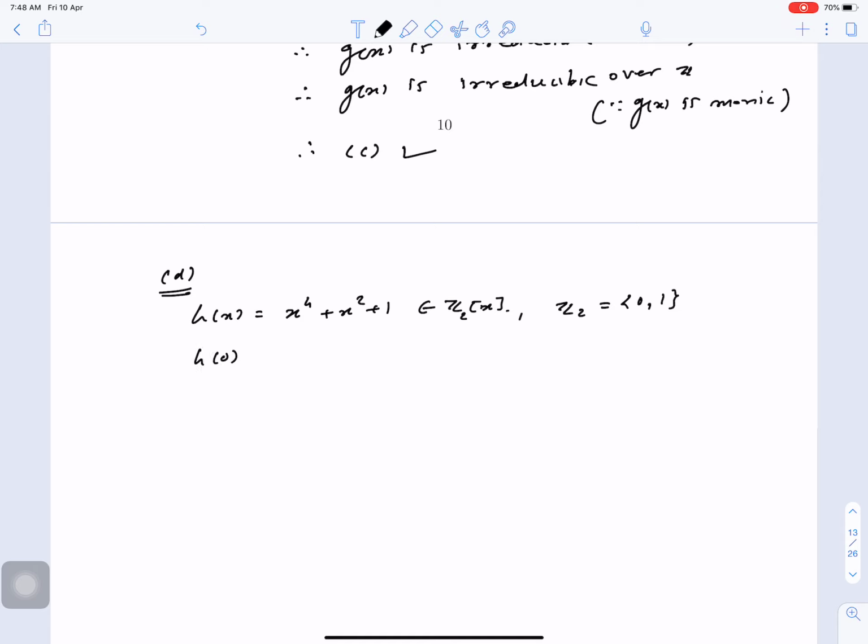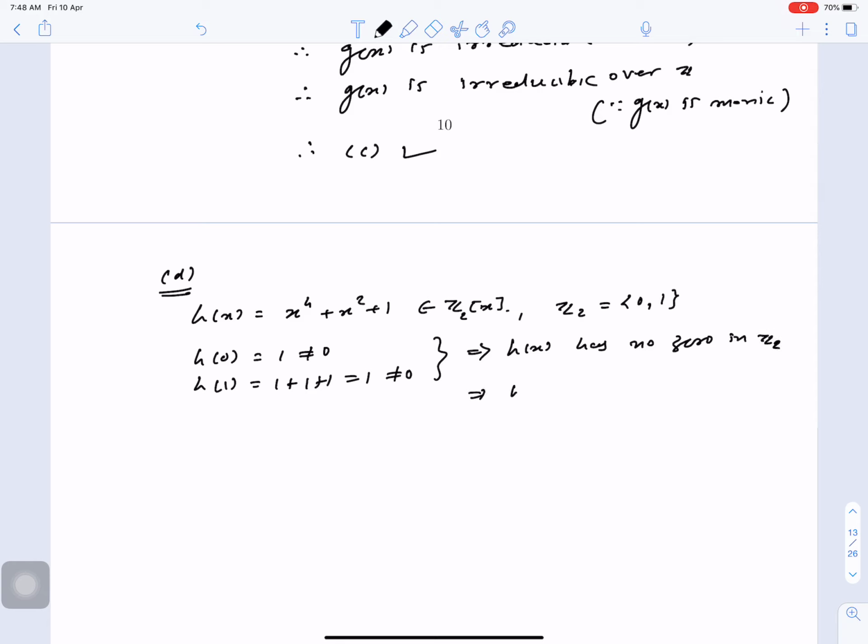So h of 0 is 1, not equal to 0. h of 1 is 1 plus 1 plus 1, it is 1, which is not equal to 0. So this says that h(x) has no 0 in Z2.